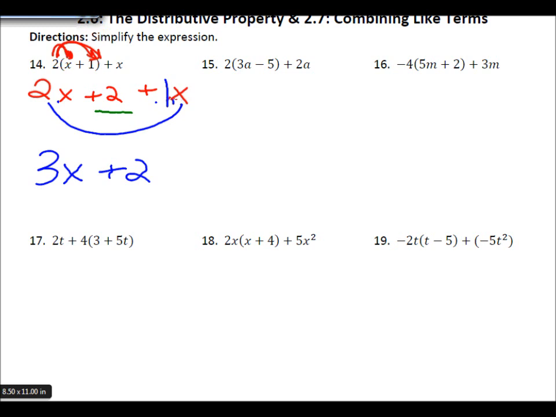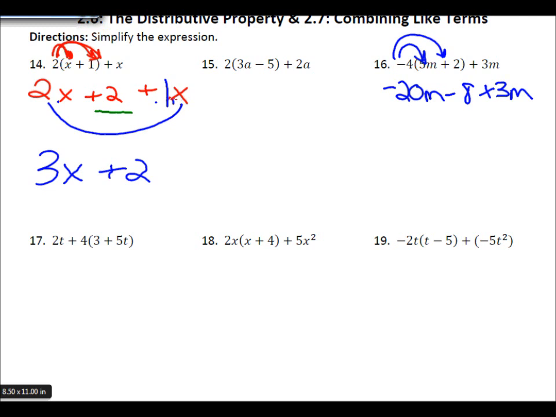Let's try number 16. So again, we have to get rid of our parentheses first by distributing. Negative 4 times 5m is negative 20m. Negative 4 times 2 is negative 8. And I'm going to write down the plus 3m because I haven't done anything with it yet.